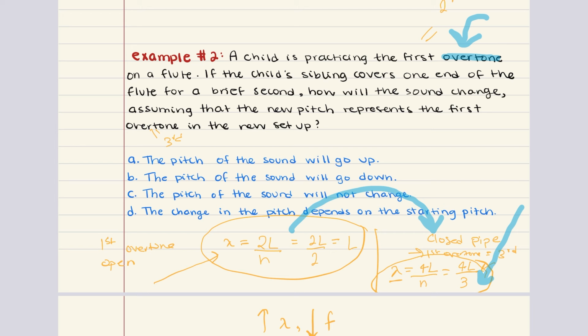Since frequency is directly related to pitch, higher frequency corresponds to higher pitch. The pitch is going to decrease when the pipe changes from open to closed. And that makes the correct answer for problem 2, answer choice B. The pitch of the sound will go down.